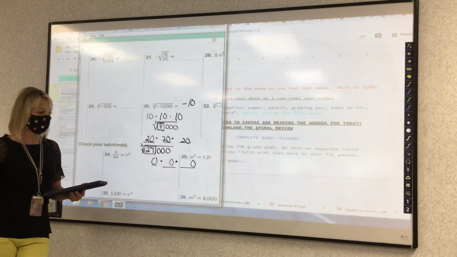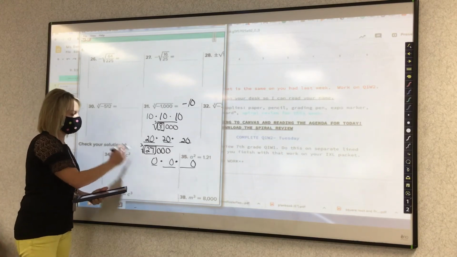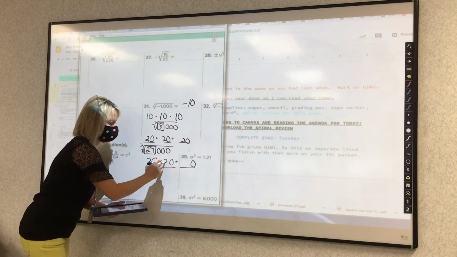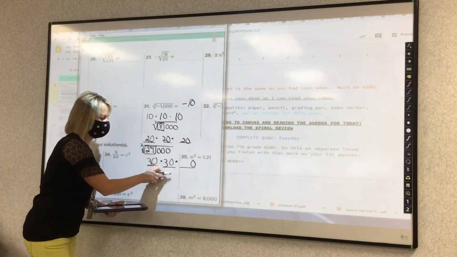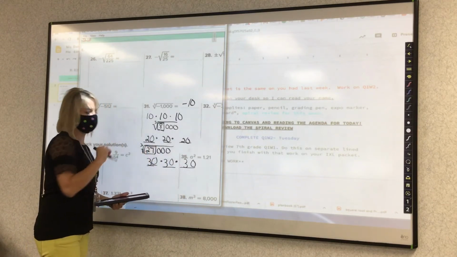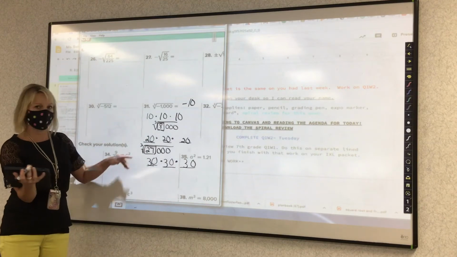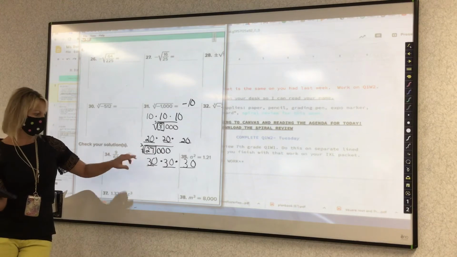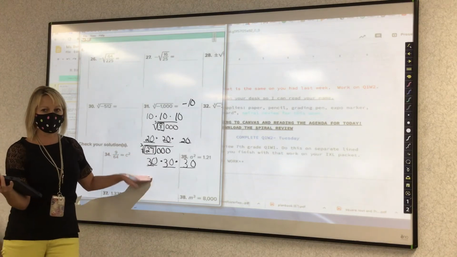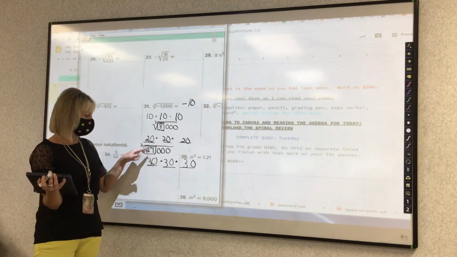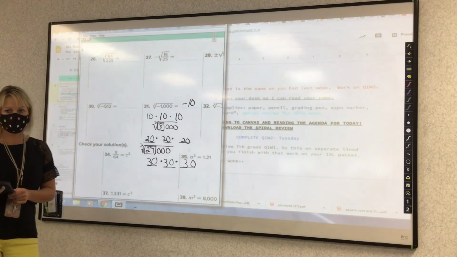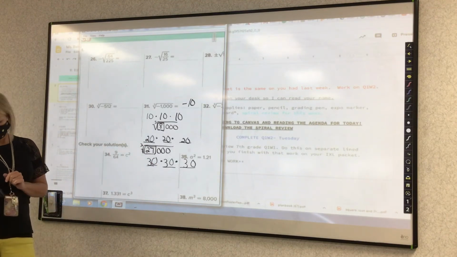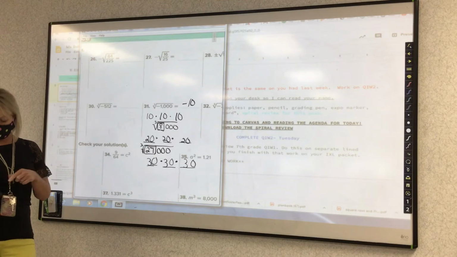Not 9. No, not 9. Whoa. 3, because 3 times 3 is 9, and then 9 times 3 is 27. So the cubed root of 27,000 is 30. Because 30 times 30 times 30 is 27,000. Just a little trick to help you out.